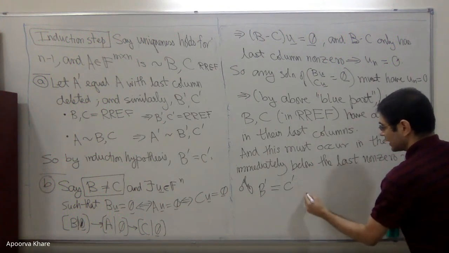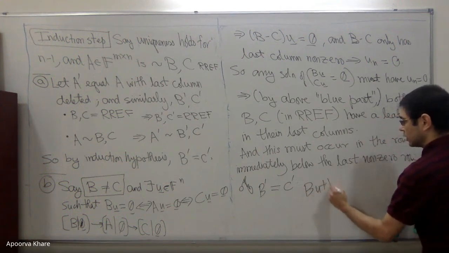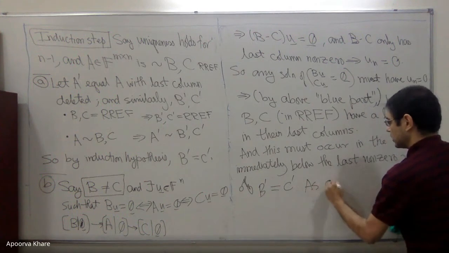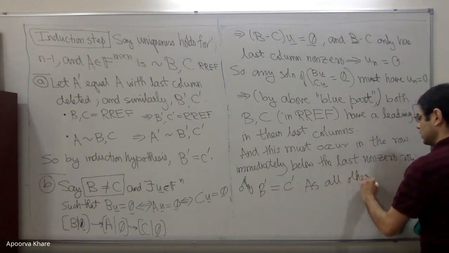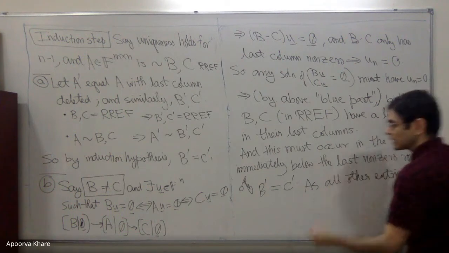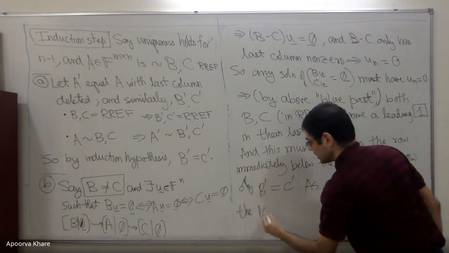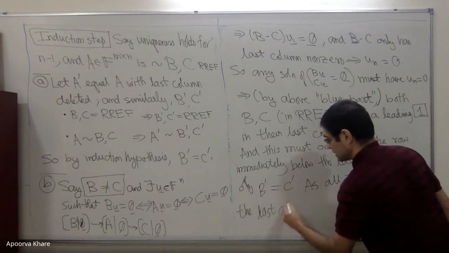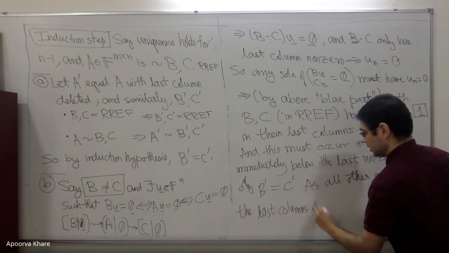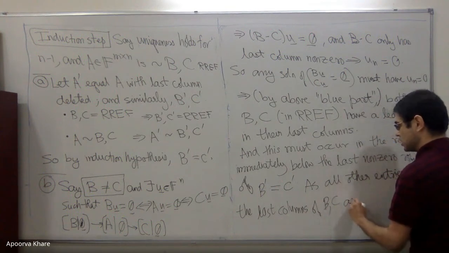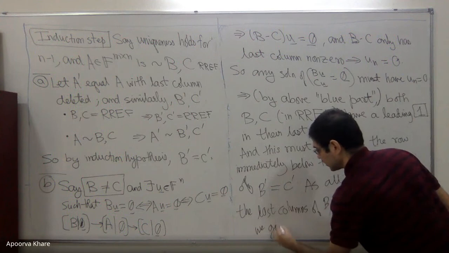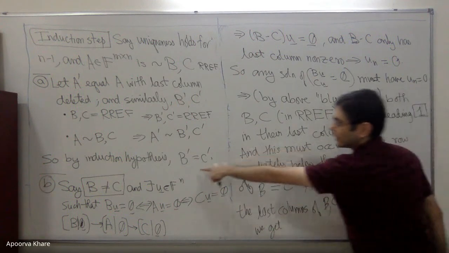So I won't say all of that, but as all other entries in the last column of B and C are 0, we get B equals C. Because all the remaining columns were identical.